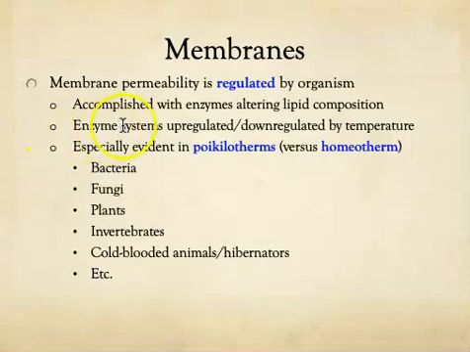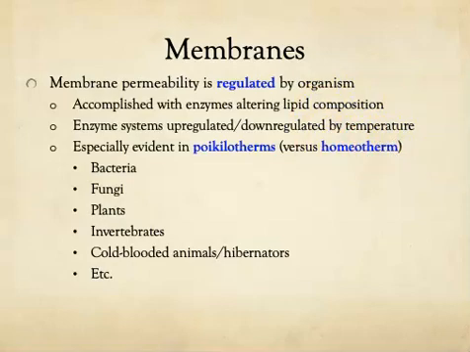Those enzymes can be, in other words, upregulated or downregulated. They can be increased in activity or decreased in that activity, depending on what's happening around that cell. Things like how hot or how cold it is around that cell.